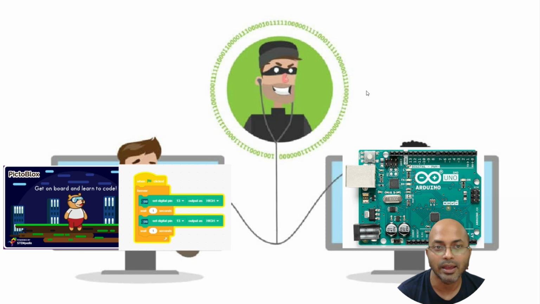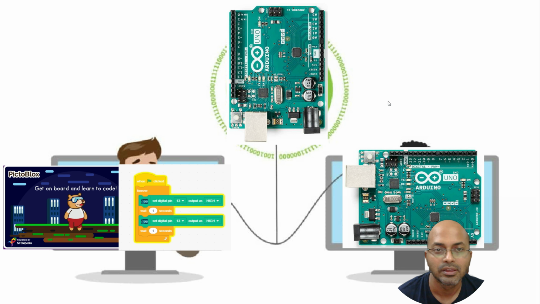And the attacker, or the person who wants to sniff the communication, is going to be another Arduino that I will be showing you. Using this second Arduino, we will try to understand what exactly PictoBlox sends to the intended Arduino when it really says set digital pin something as high or something as low.